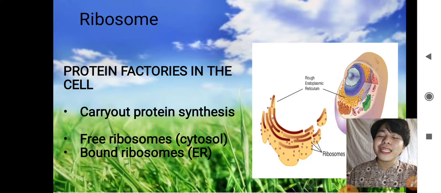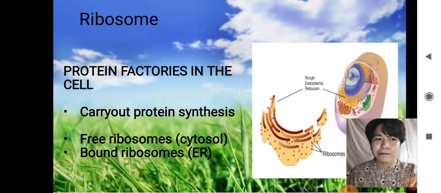When we talk about free ribosomes, it is what? It can be seen in the cytoplasm, while bound ribosomes can only be found in the what? In the endoplasmic reticulum. So, next.